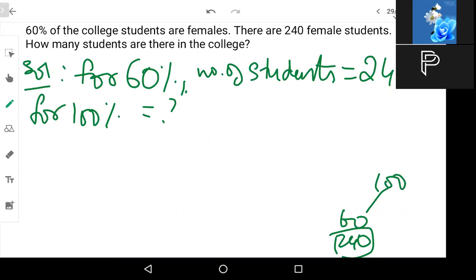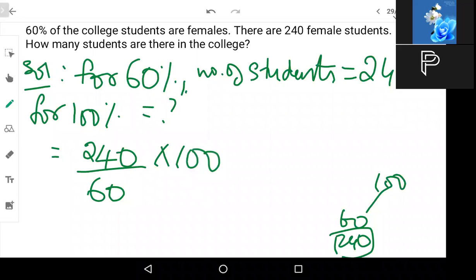Firstly, what we will take is 240 by 60 into 100. What is the value that it will give? 240 is the number of students that are there for 60%. Now to find 100%, I will multiply it by 100. So I get 400 students.